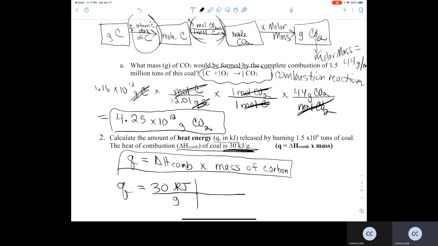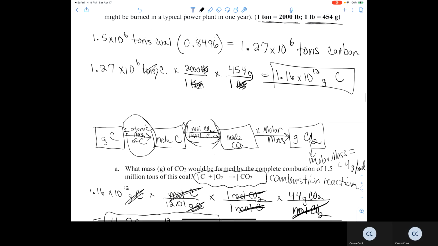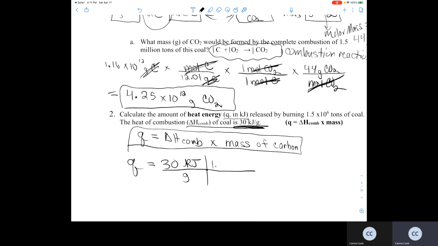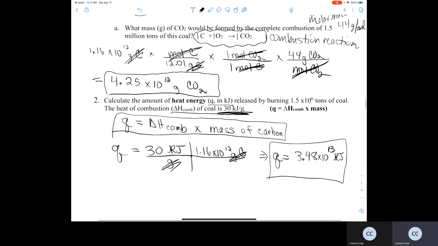The mass of carbon we calculated is 1.16 times 10 to the 12th. And so the grams of carbon cancel. Your Q is going to be in kilojoules, and that's going to be 3.48 times 10 to the 13th. That's the number of kilojoules of heat released by burning the 1.5 times 10 to the 6 tons of coal.